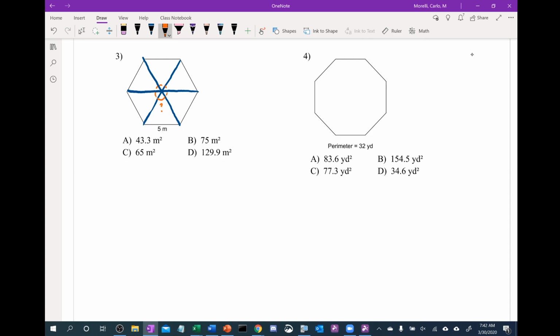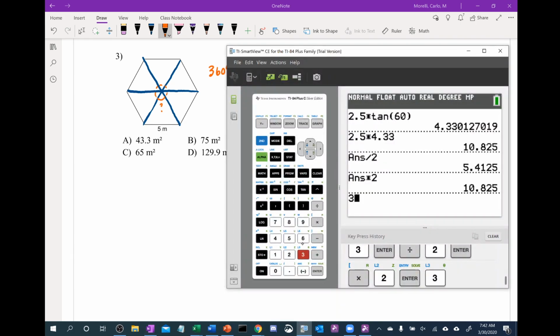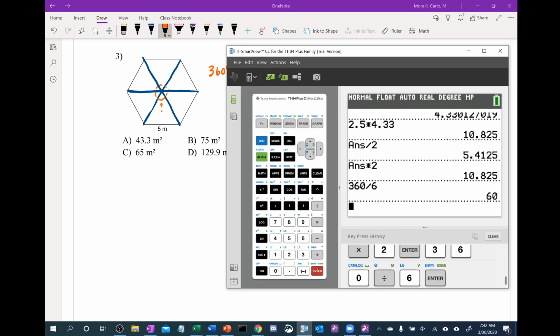That circle would add up to 360 degrees. So in order to find one of these little internal angles, you take 360 degrees and you divide by 6. So 360 divided by 6 is 60.